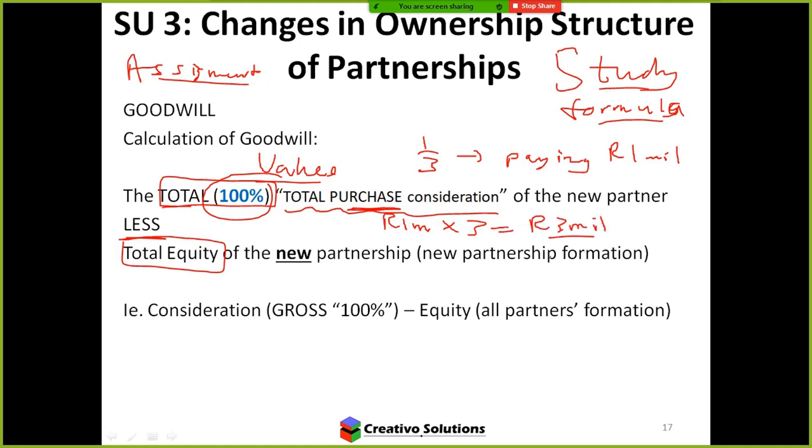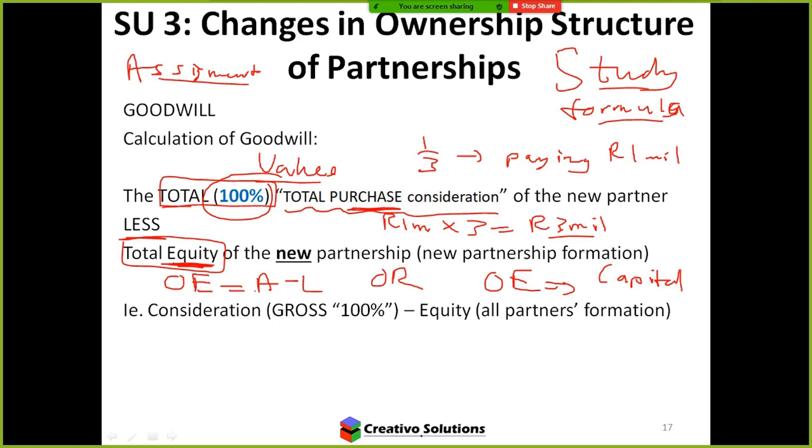Then you've got to compare that to the total equity. Equity is looking at owner's equity, which is assets minus liabilities, or it could be owner's equity in terms of capital and drawings and all of that. Remember, you've got two equations for owner's equity.